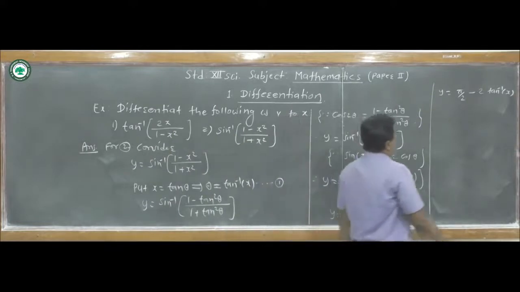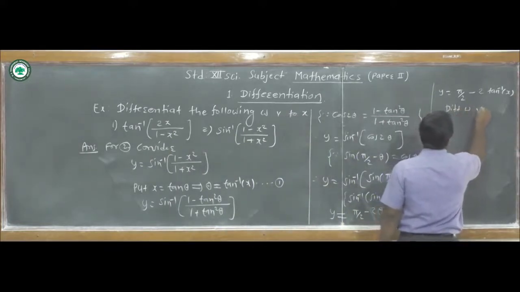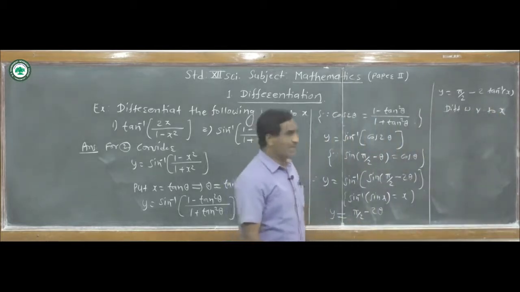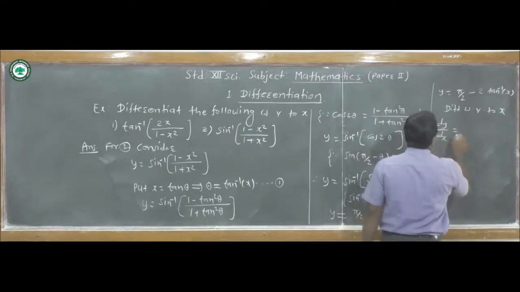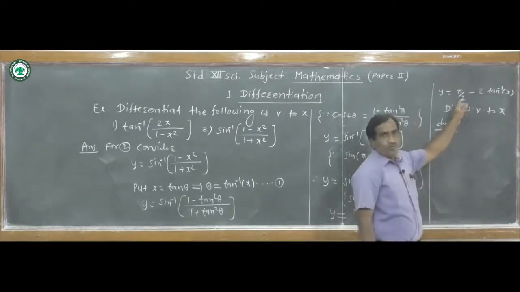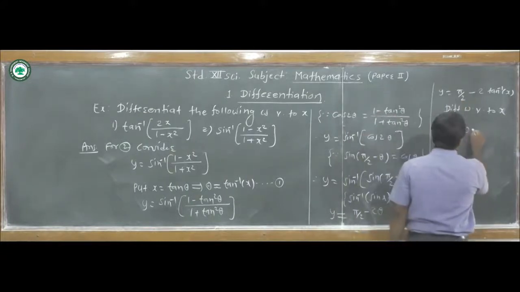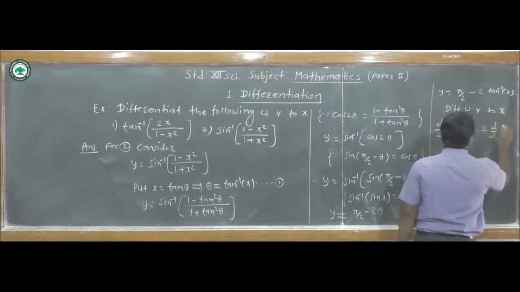Okay, now differentiate this equation with respect to x. Derivative of y is dy upon dx equal to pi by 2 is a constant term. Derivative of pi by 2 is 0 minus 2 into derivative of tan inverse of x.